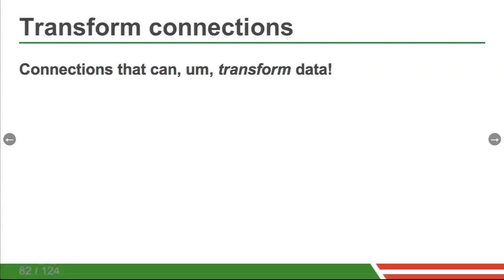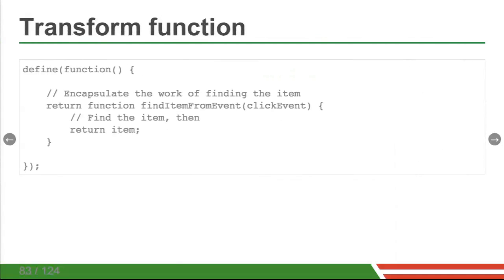Well, what if the lines in our box and line diagram could actually transform data as things flowed across them? That might be kind of cool, right? Maybe we could transform DOM events into items and do it outside of the controller. And we can.